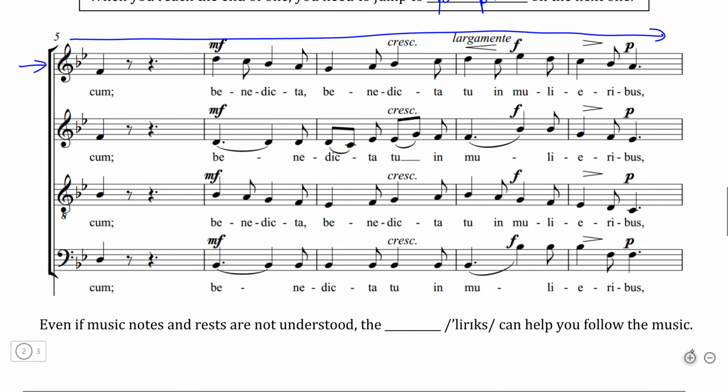Now, as mentioned previously, this series is intended for beginners, and if you are not completely familiar with reading notes and rests, pitch, and rhythm, don't worry, the subsequent videos will go over the basics of this.